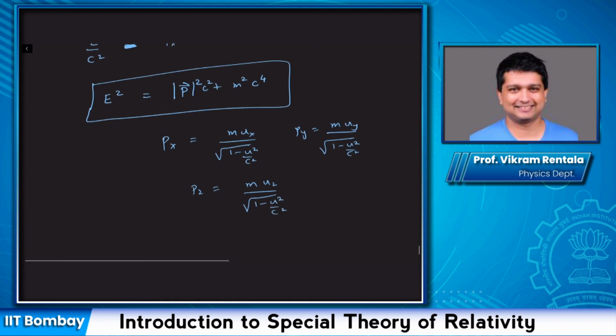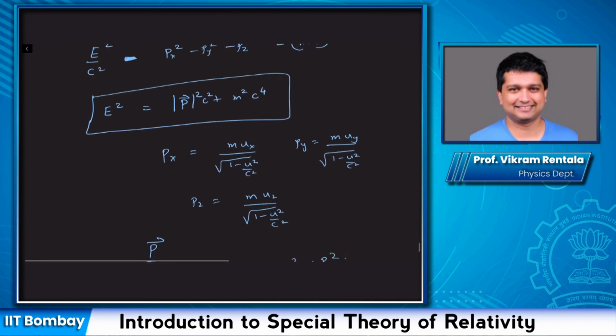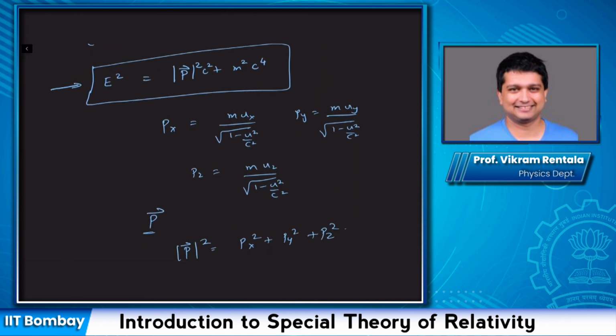These are the components of what we call vector P, and the mod of vector P square is just px square plus py square plus pz square. So this is our generalized relation between energy, momentum, and mass.